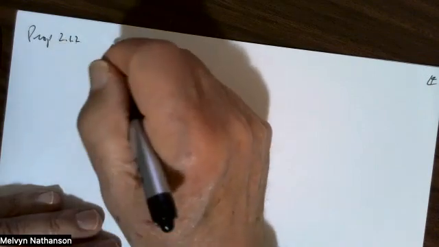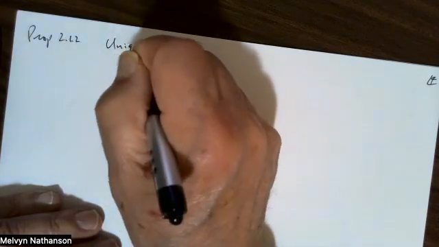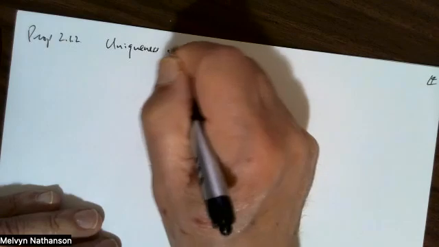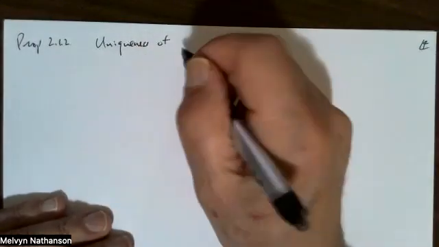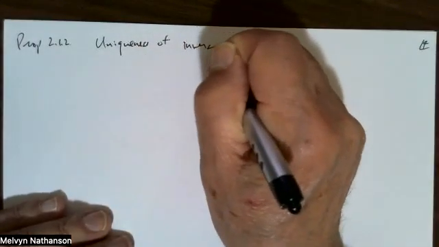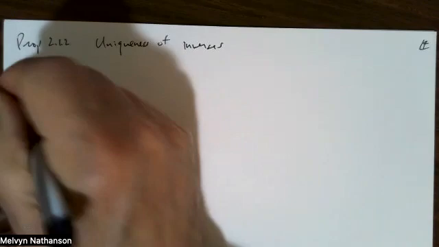The next fundamental observation about groups, this is proposition 2.1.2, is uniqueness of inverses. We know every element in a group has an inverse, and I'm going to show the inverse is unique.